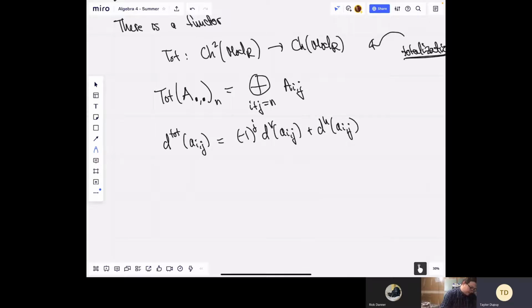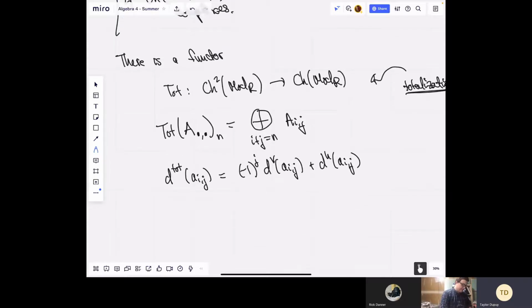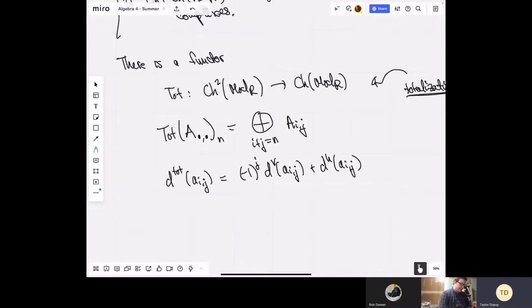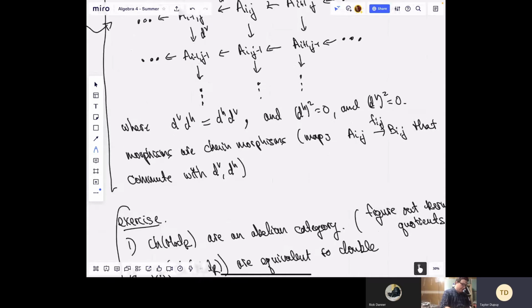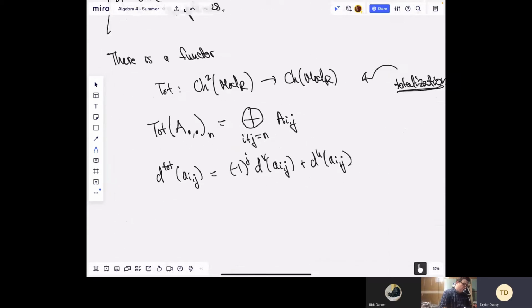This is what I was saying about the sign convention. To get d squared equal to 0, you'll either need to define your double complexes to be anti-commutative, where you have a minus sign, or you're going to need to define your total differential to have this sign thing here.